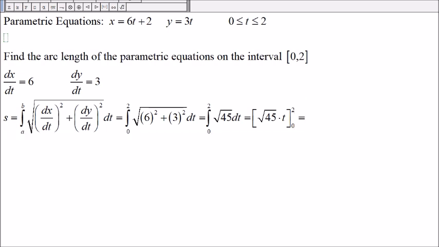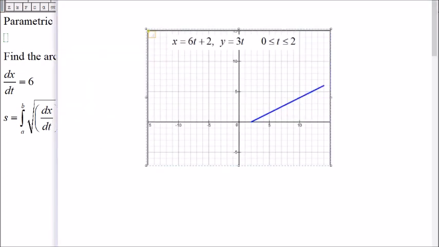And when we do that, this comes out to be 2 times the square root of 45. So the length of this arc is 2 times the square root of 45.